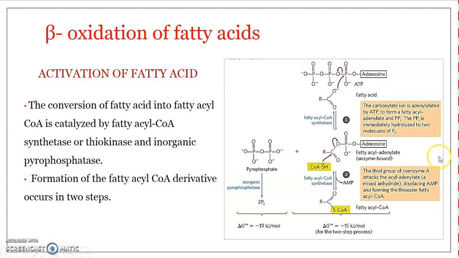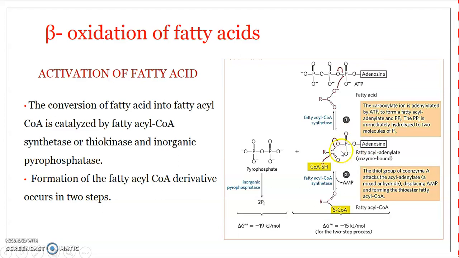The first one over here you can see requires ATP. Here you can see the ATP, and this is the fatty acid. During this process, the carboxylate ion, the COO minus, gets adenylated by ATP. This is the fatty acid, and this is the adenosine monophosphate.